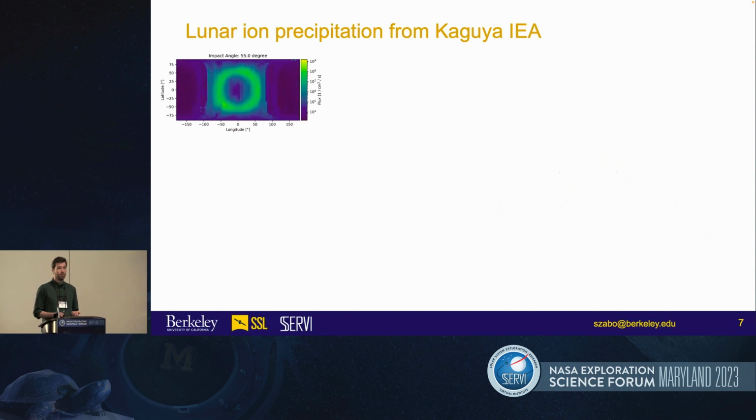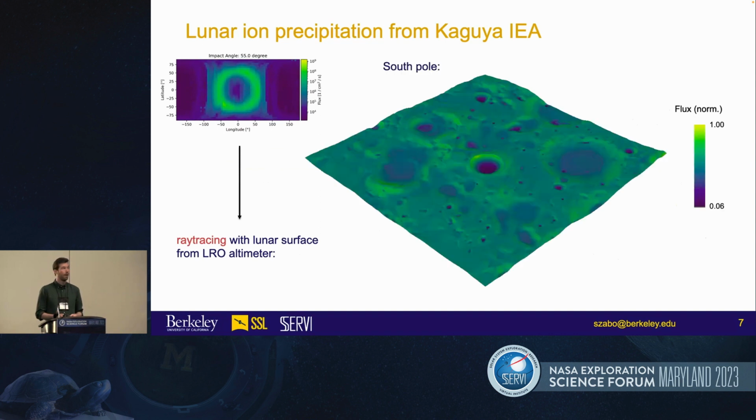Now, what we can do with this to get more information on local impact fluxes is we put our flux data into a ray tracing code that also takes 3D models of the lunar surface from LRO LOLA altimetry. And I can show one example here, what this looks like, where we have a model of the region around Shackleton crater on the South Pole.